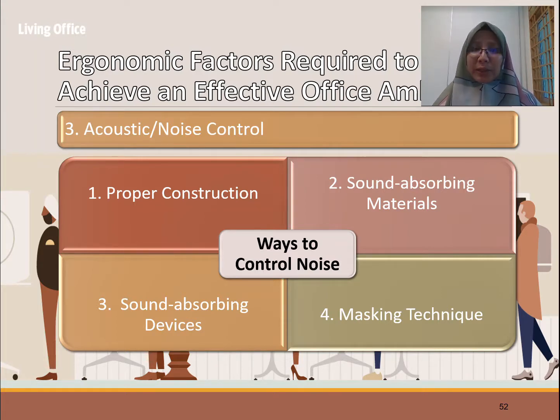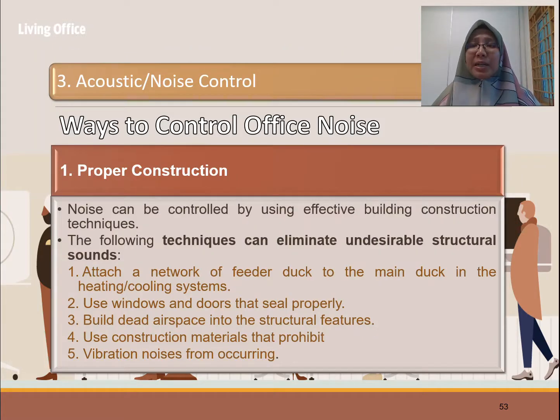Okay, so the first one, proper construction. Noise can be controlled by using effective building construction techniques. The following techniques can eliminate undesirable structural sound. So how? The first one, you need to attach a network of feeder ducts to the main duct in the heating or cooling system.